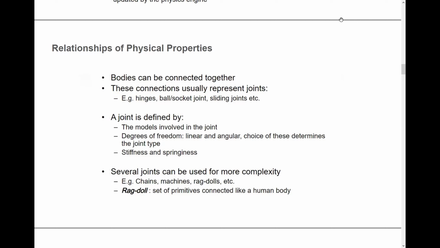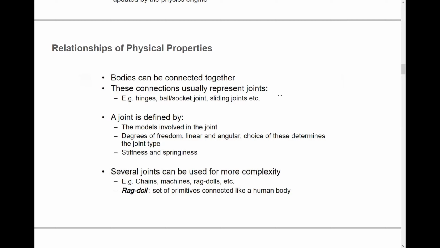Then several joints can be used together for more complex objects. For example, chains, machines, etc. So there's this ragdoll, which is a set of primitives connected to look like a human body. We know what primitives are, which we discussed, collision primitives.